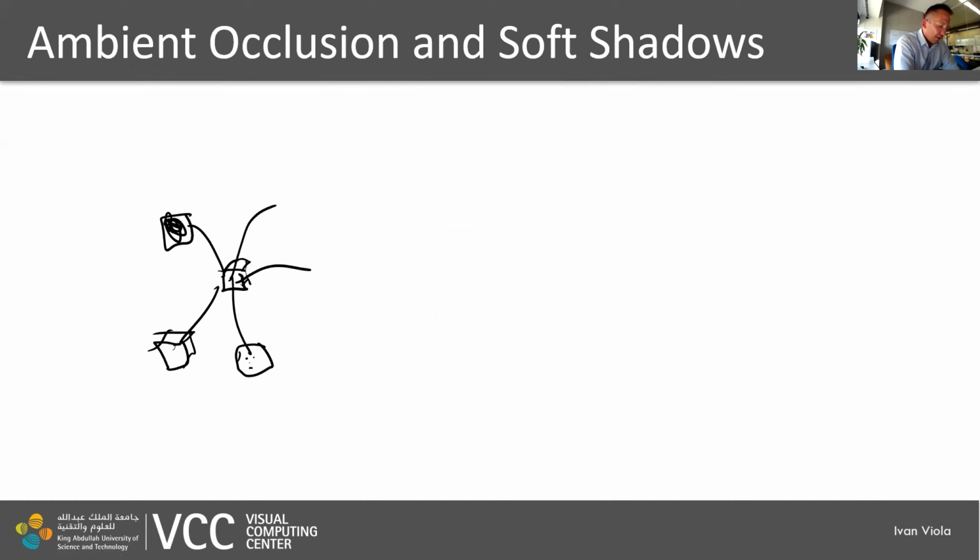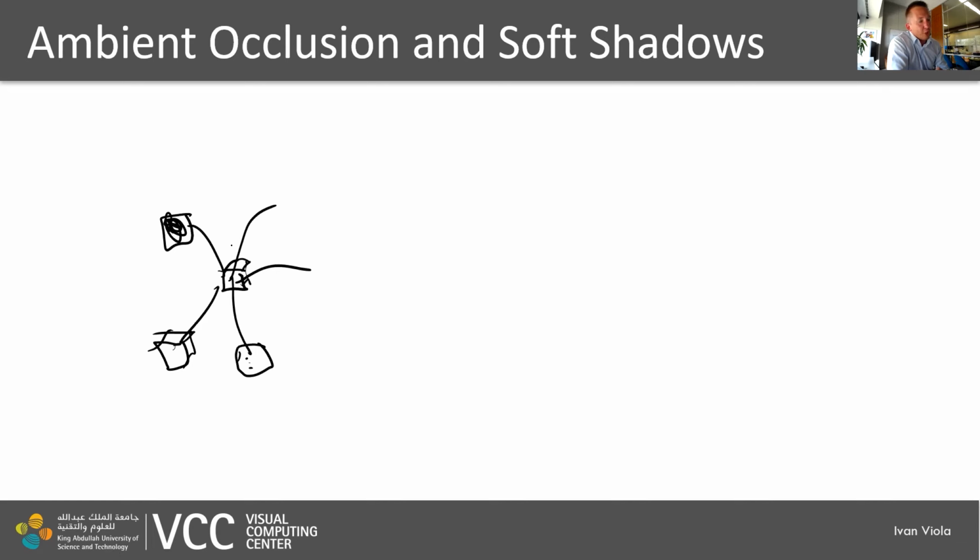Based on this neighborhood sampling, you define how occluded your sample is. So this is the ambient occlusion of your samples in the volume during the direct volume rendering.